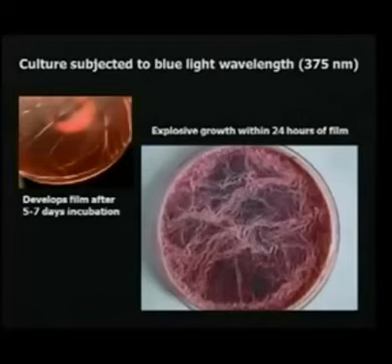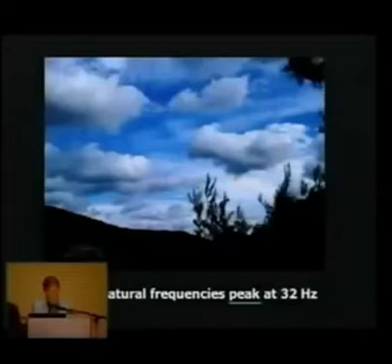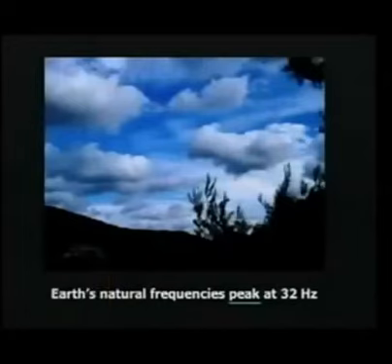I came across a very well-known paper on electromagnetic fields and neurological function, written by Professor Ross Adey, Loma Linda School of Medicine, with the subtitle, A Possible Paradigm Shift in Biology. We learn that the Earth's own natural magnetic field peaks, that means peaks, top, at 32 hertz. And that only happens in certain equatorial thunderstorms.